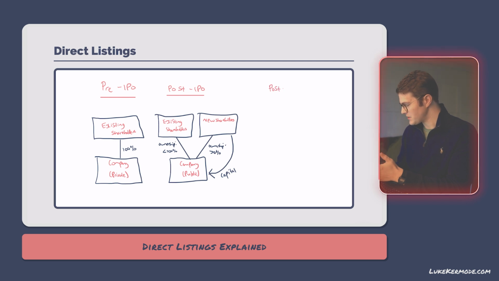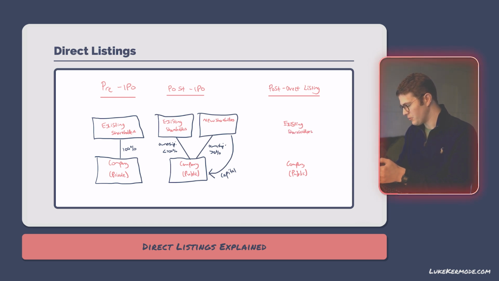Now, let's contrast that with what happens in a direct listing. So, again, the company goes from private to public. Nothing changes there. And the shareholder base remains exactly the same.